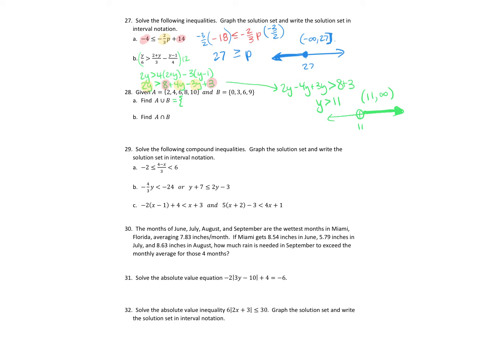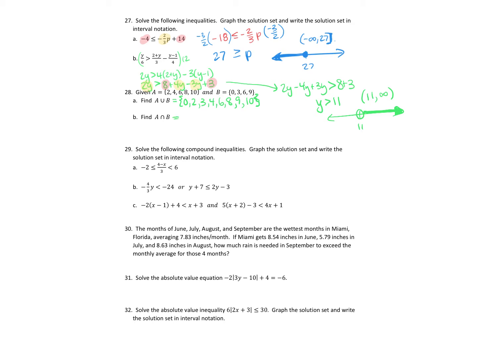So B contains 0, 2 is in A, 3 is in B, 4 is in A, 5 is not in either of them, 6 is in both of them, 8 is in A, 9 is in B, and 10 is in A. So that is the union of those two sets. We've taken all the elements of both sets and thrown them together into one set.